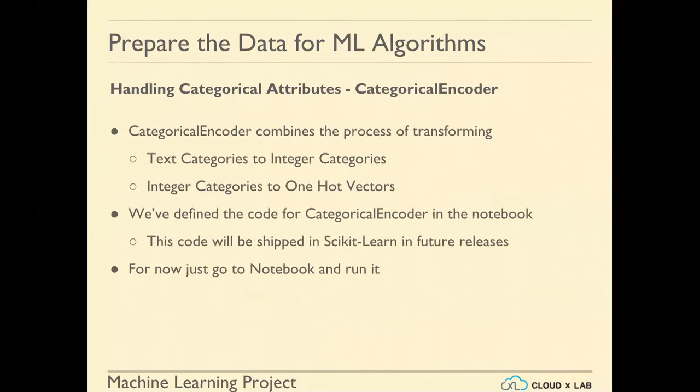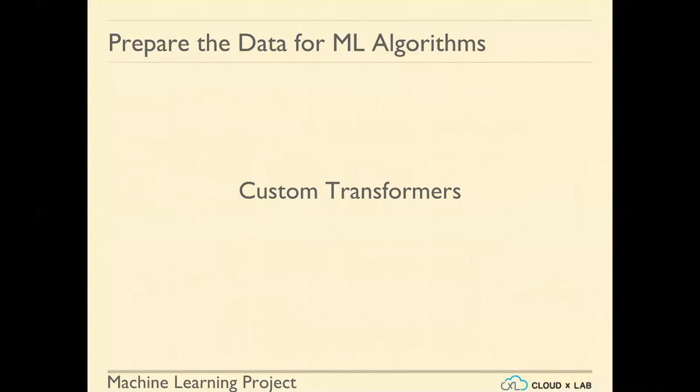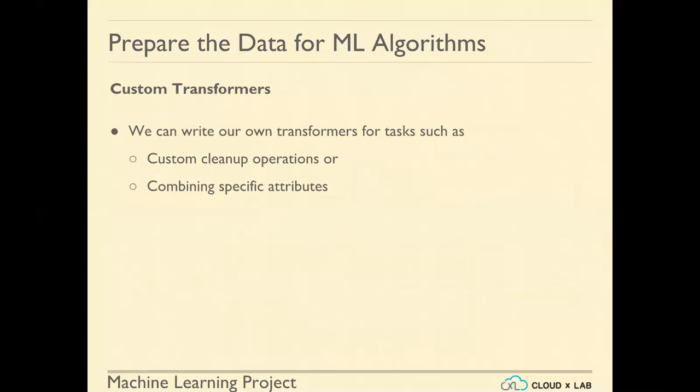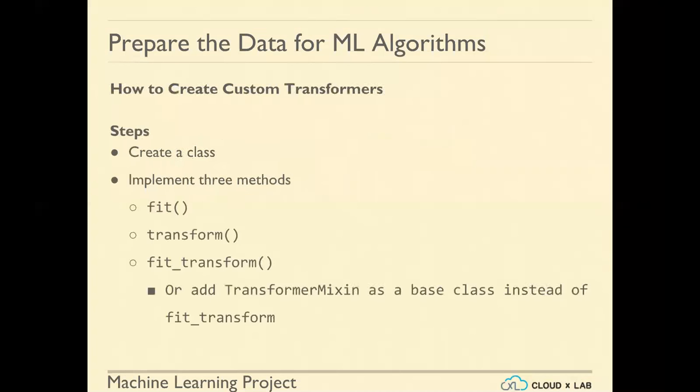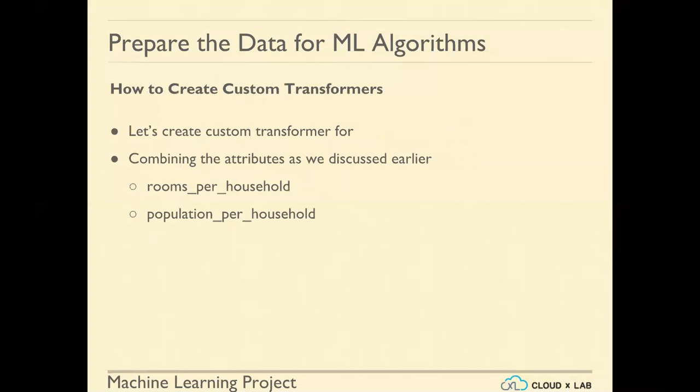Now we can write our own transformation tasks. Because we are doing many steps, we can couple them together and create our own methods which can be called from the pipeline. All we have to do is create a class and implement the fit and transform or fit_transform method.